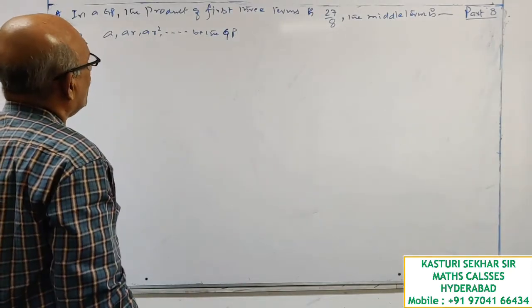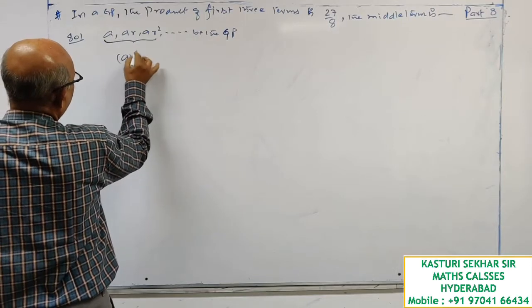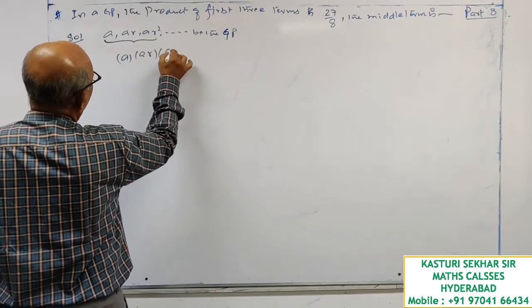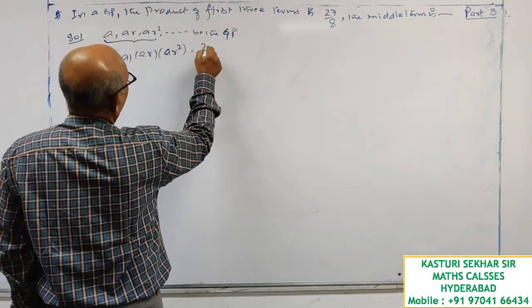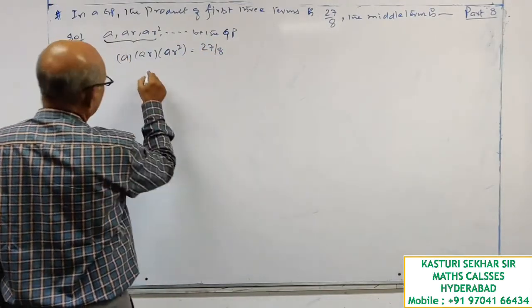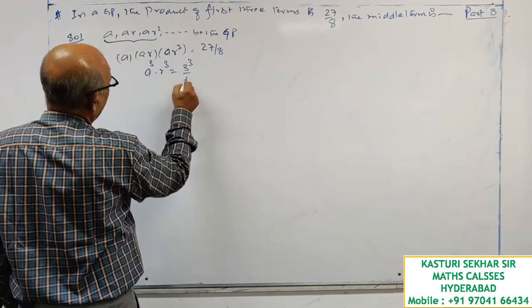Now what is given? Product of first three terms: A into AR into AR square is equal to 27 by 8. A cube into R cube is 3 cube by 2 cube.